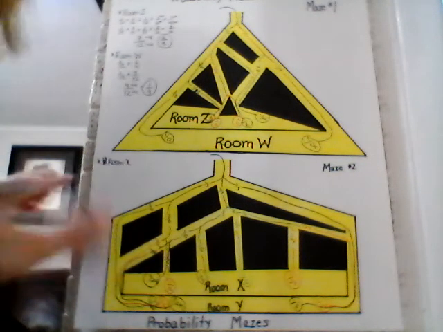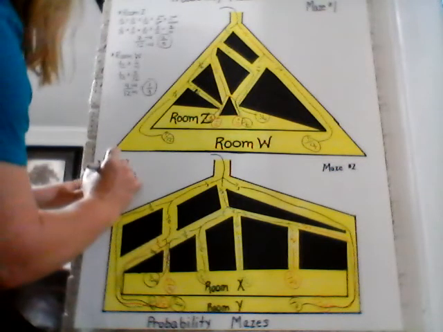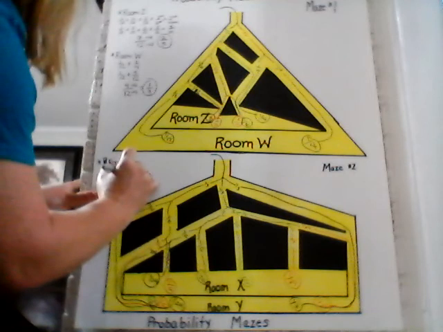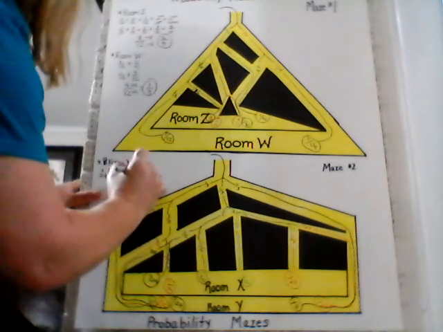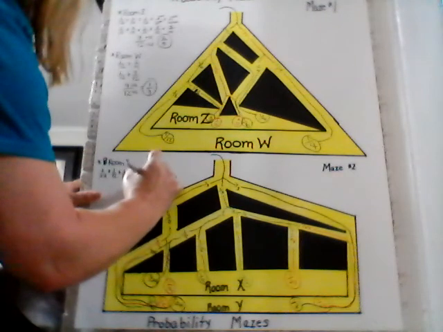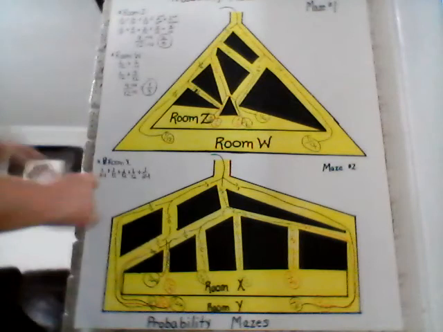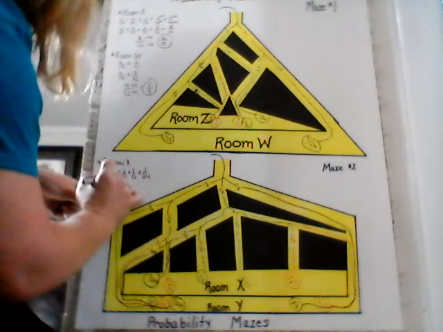Inside room X, we have a 1/24, a 1/12, another 1/12, another 1/12, and another 1/24. Remember that in order to add fractions, we have to have a common denominator. Here, our denominator is going to be 24.